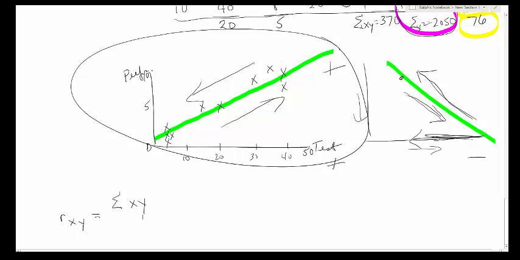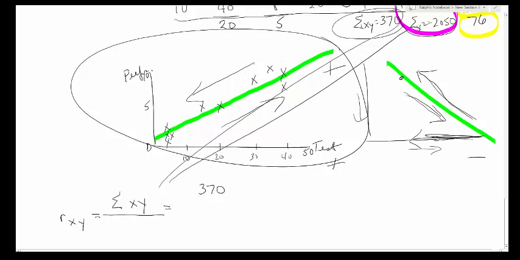We know what x times y is. It's right here. We got that by calculating the sum of squares of all of the xy pairs. So that equals 370. And we want to divide that by the total sum of squares differences, which is this times this, the x's times the y's.